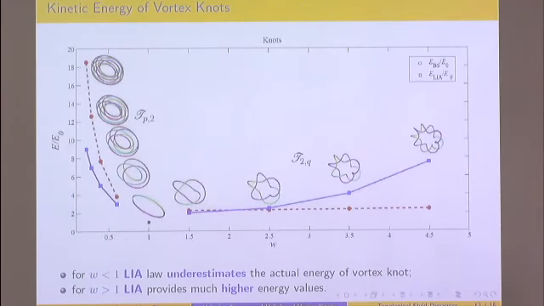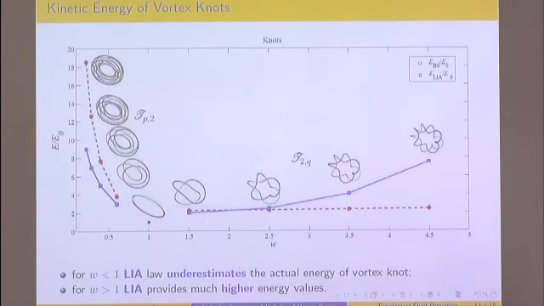We have also compared this class of knots in terms of kinetic energy. Again, the red values represent the knotted configuration, now compared with respect to the localized induction approximation. So the red one represents the knots and the blue one represents the corresponding value for the localized induction approximation. Here all the classes of figures represented are knotted solutions, and we can see that in general, for a winding number less than 1, the localized induction approximation underestimates the actual energy according to the Biot-Savart law.